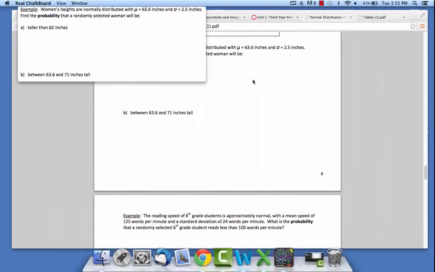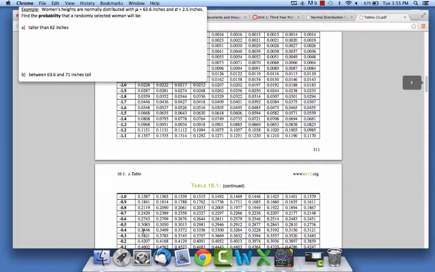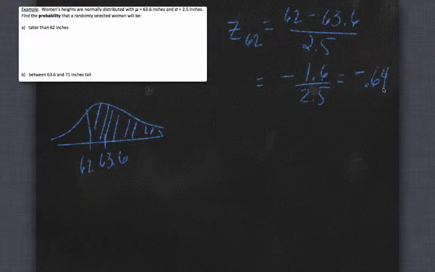So if I go look up that z-score, minus 0.64, I get 0.2611. But this isn't what I want. This is what I want. So 1 minus 0.2611 is 0.7389.